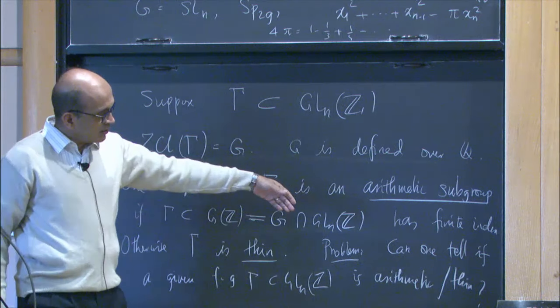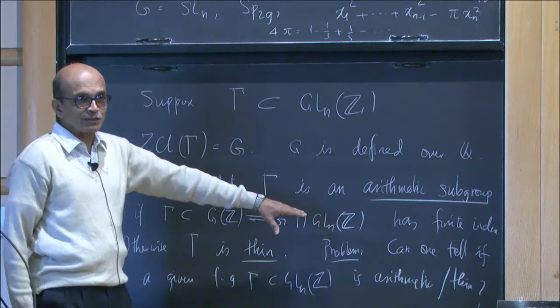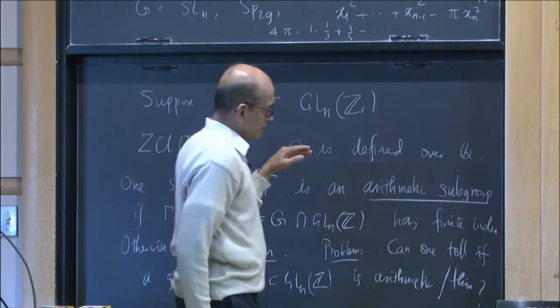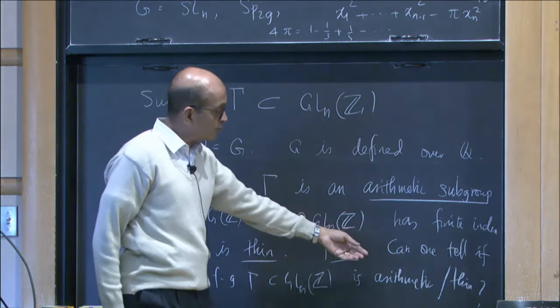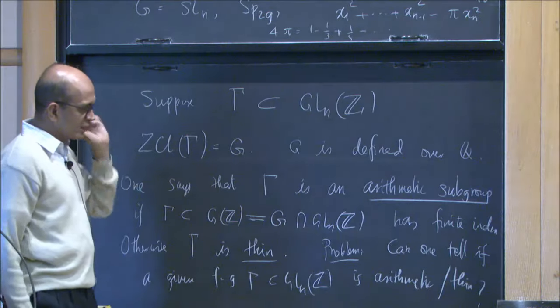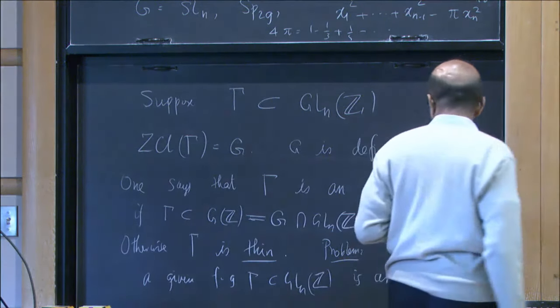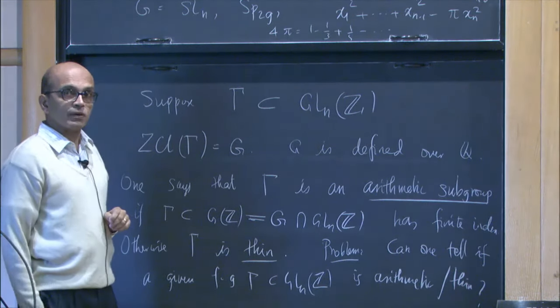Apparently in this generality it's not a decidable problem. I don't even understand what it means. But in any case, you can certainly agree that it's a very difficult problem. So a more tractable problem is whether groups which occur in nature are arithmetic or not.